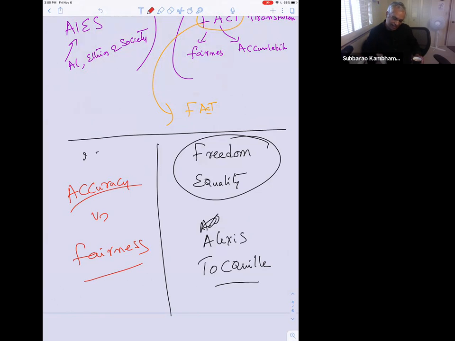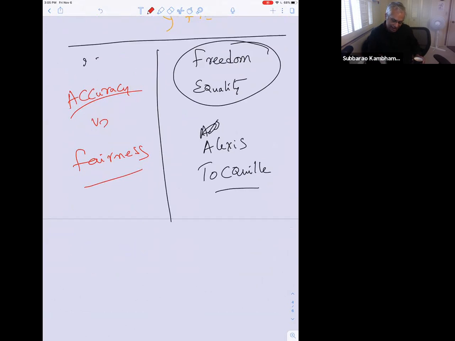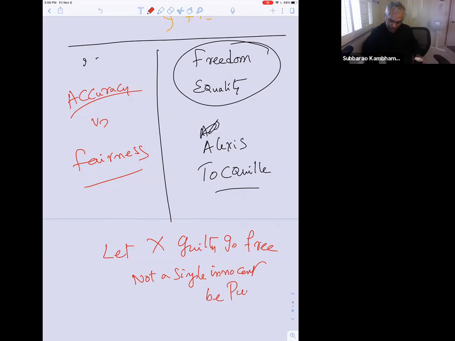This is where we talked in one of the classes about let X guilty go free, not a single innocent be punished. What is the X? Deciding that X is going to decide your trade-off between accuracy versus fairness.